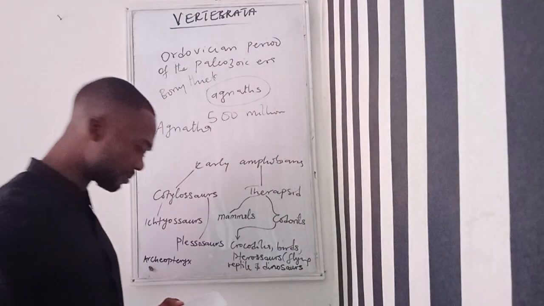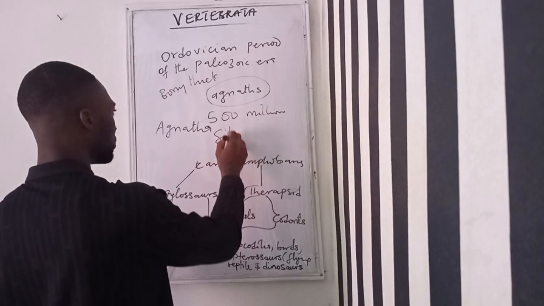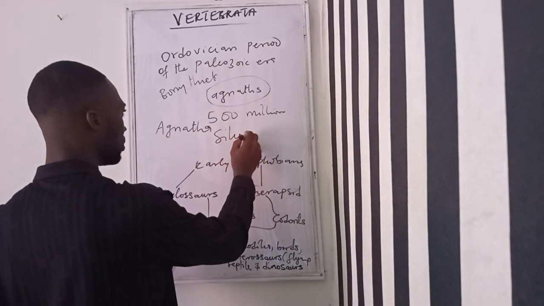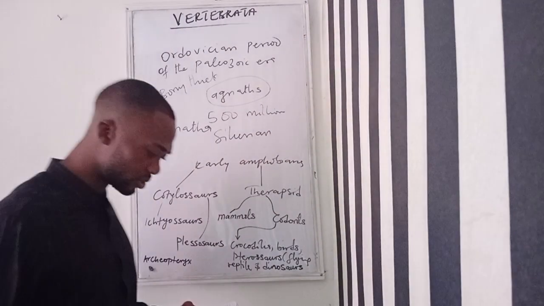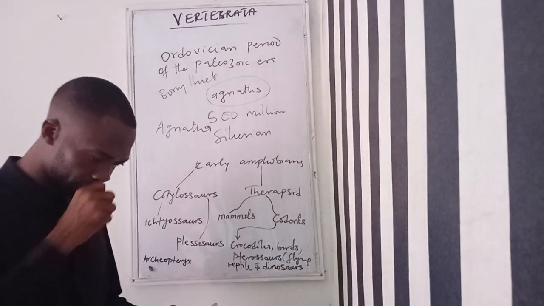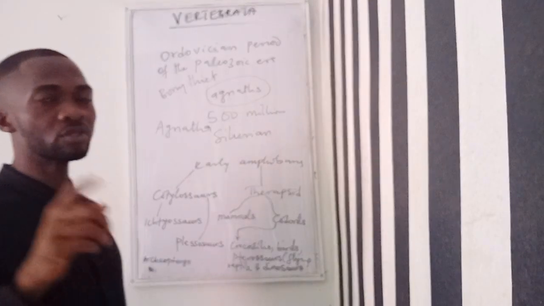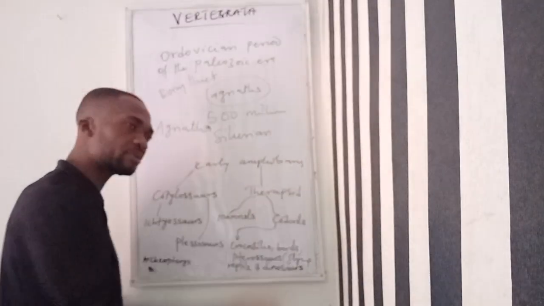These animals flourished within the period they call the Silurian period. They flourished so much within the Silurian period.